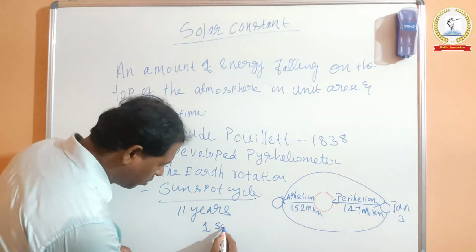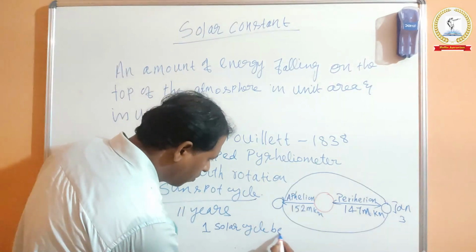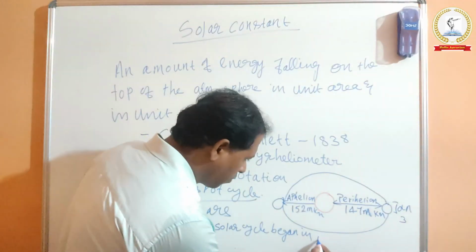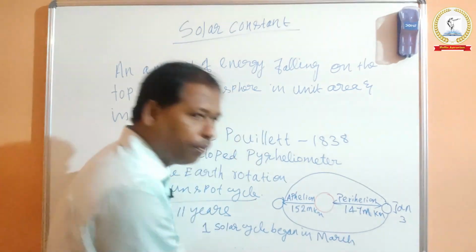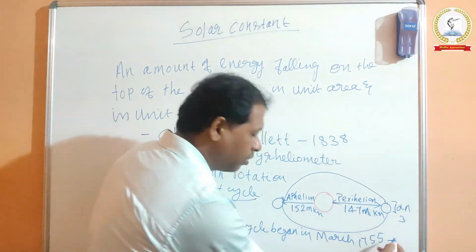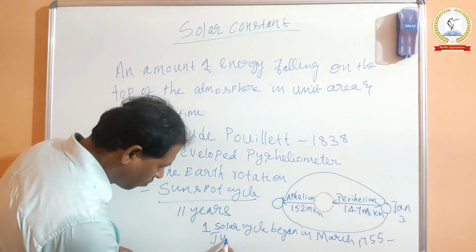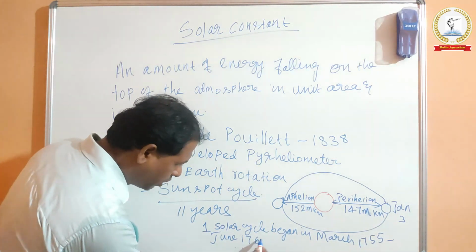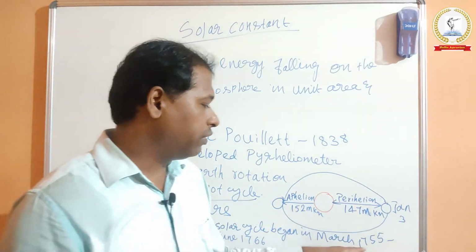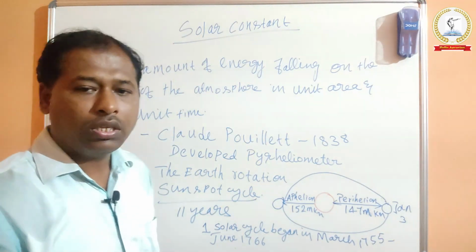The first solar cycle began in March 1755 and ended in June 1766.